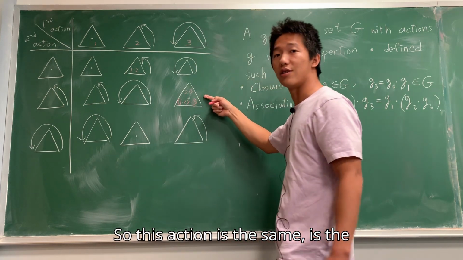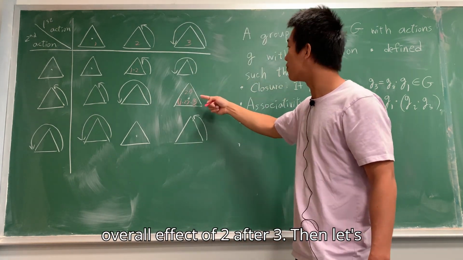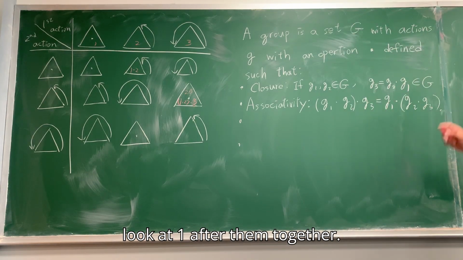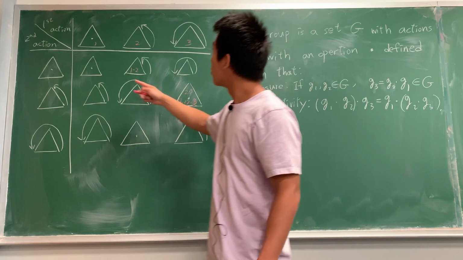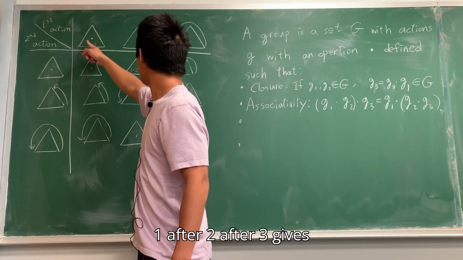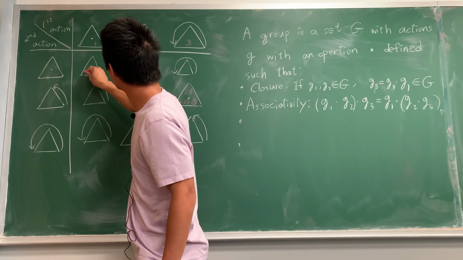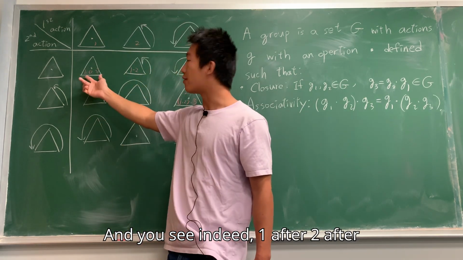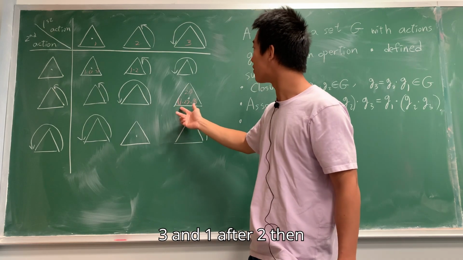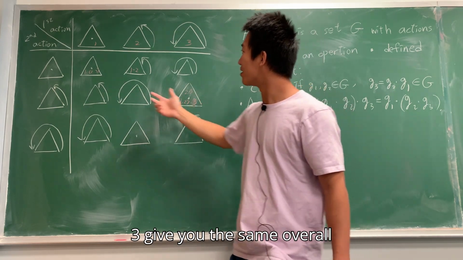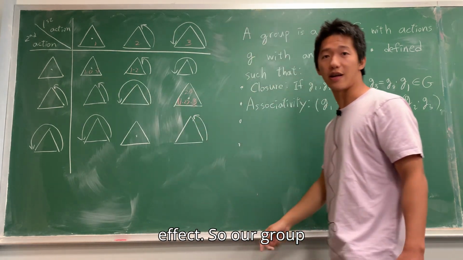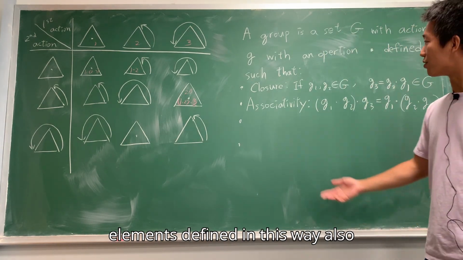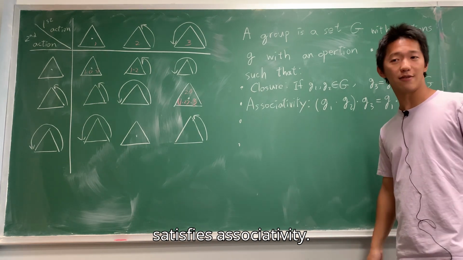So this is the overall effect of 2 after 3. Then let's look at 1 after them together. 1 after 2 after 3 gives you this. And you see indeed both ways give you the same overall effect. So our group elements defined in this way also satisfy associativity.